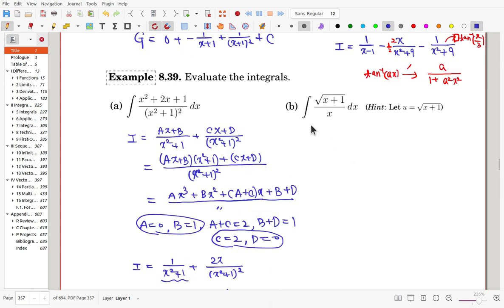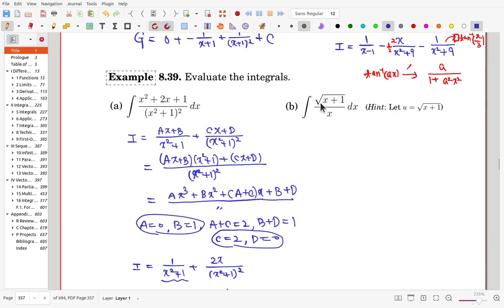Now we'll go to this problem. Once it is given in this way, you may start with substitution. You may take x + 1 as u, or the whole radical as u.